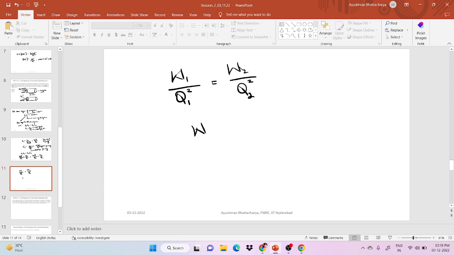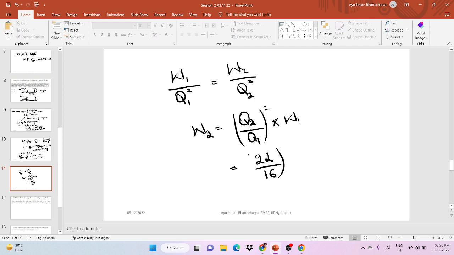If we write in terms of W2, it will be Q2 by Q1 whole square into W1. Q2 is 22 MLD, Q1 is 16 MLD, whole square, and 32 kg per day is applied.